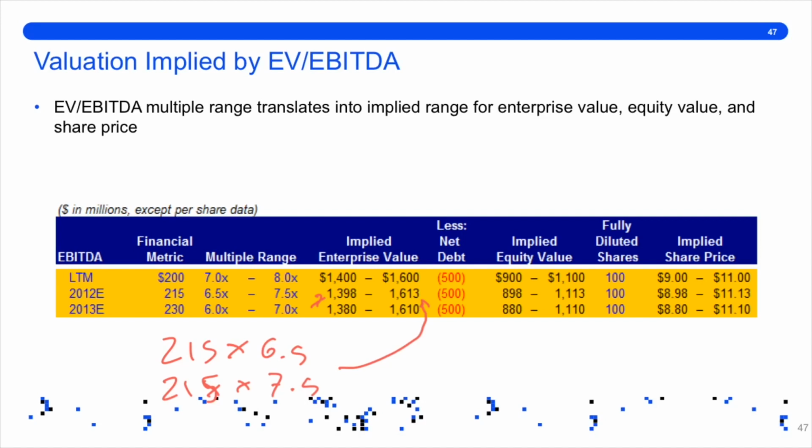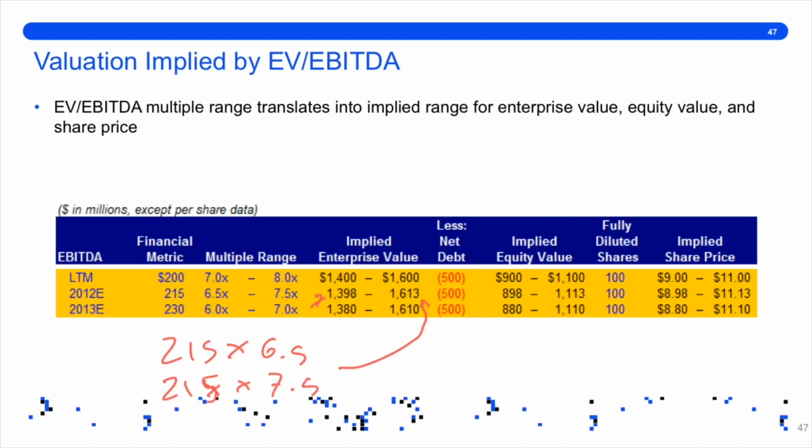Okay? So this is how the valuation works. Does it make sense? So remember, we take the multiple, we multiply the multiple by the relevant financial metric. In this case, the multiple is enterprise value to EBITDA, so we multiply times the EBITDA of the company. If it was enterprise value divided by sales, we would multiply by the sales, etc.